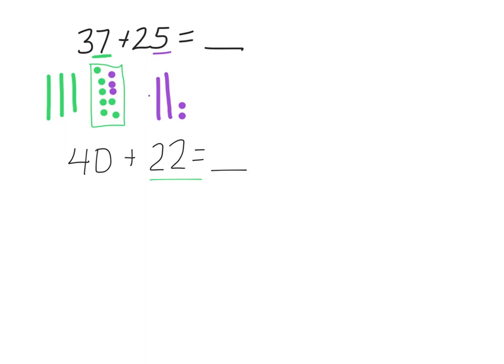So the sum is 62. Remember, the sum of 40 plus 22 and the sum of 37 plus 25 is the same because we just use compensation.